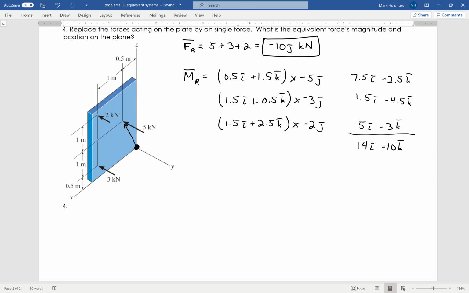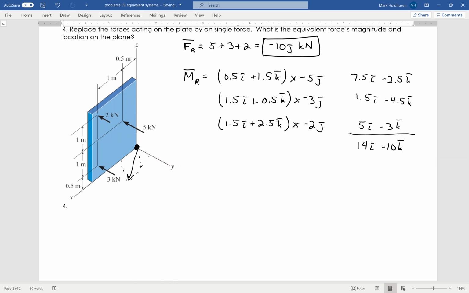Okay. And I'm going to erase that guy. So what I have here is basically a resultant force that is in that direction. It's in that XZ plane right there.